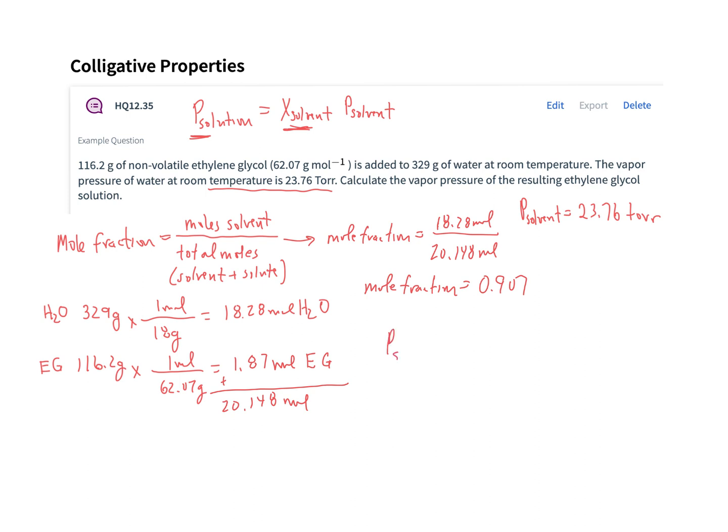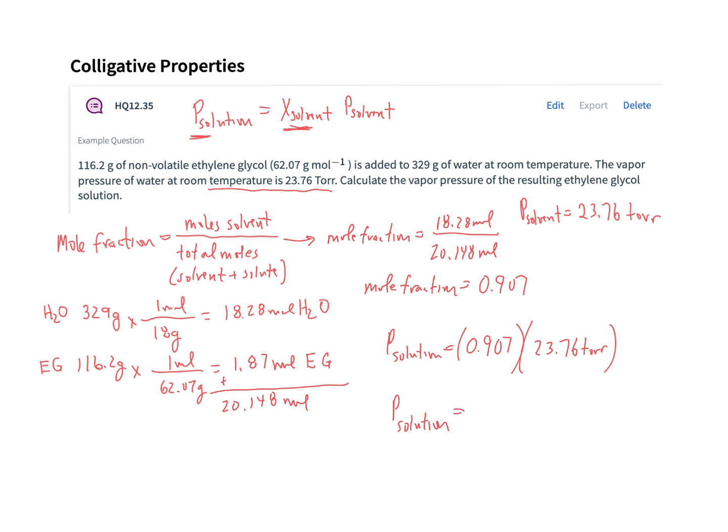So vapor pressure of the solution equals the mole fraction of my solvent, 0.907, times the vapor pressure of the solvent, so the pure solvent all by itself, 23.76 torr. Multiply those two together, and I get the vapor pressure of the solution, right? That's the ethylene glycol mixed together with the water.